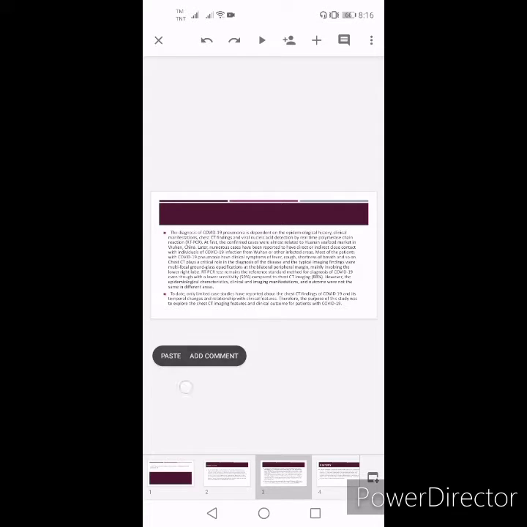Most of the patients with COVID-19 pneumonia have clinical symptoms of fever, cough, shortness of breathing, and so on. Chest CT plays a critical role in the diagnosis of disease, and typical imaging findings were multifocal ground glass opacification at the bilateral peripheral margin, mainly involving the lower right lobe.